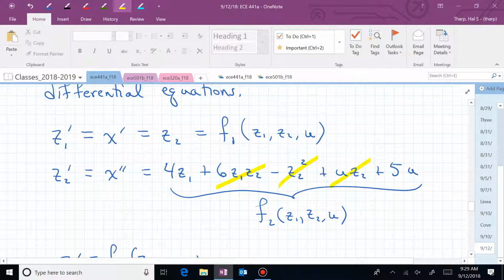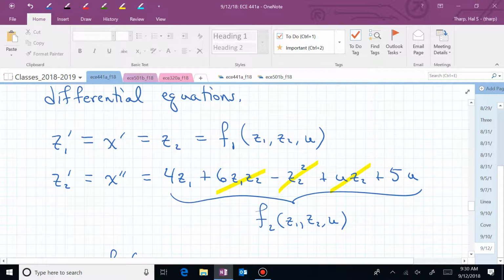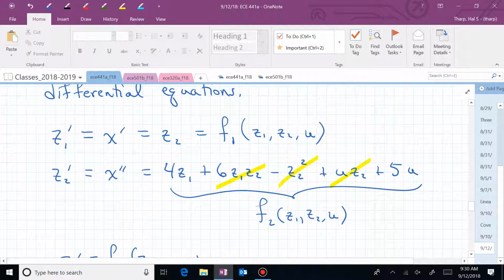Now we need 4Z1 plus 5U to equal 0. And we could make that happen many different ways. Let's just do it an easy way. Let's set Z1 to 0, and then what's that force U to be? 0. So that's now an operating point that we are linearizing about. Is it clear where that is coming from?